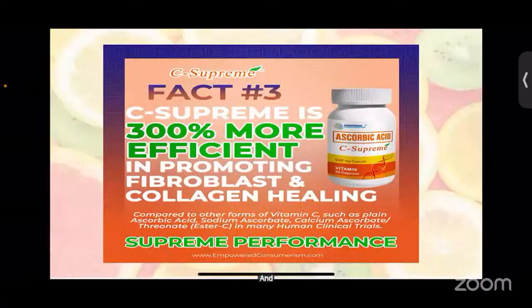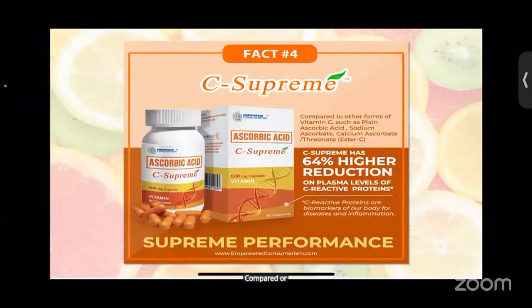And again, factor 3 is that this C-Sprim is 300% more efficient in promoting fibroblast and collagen healing compared to all other forms of vitamin C.